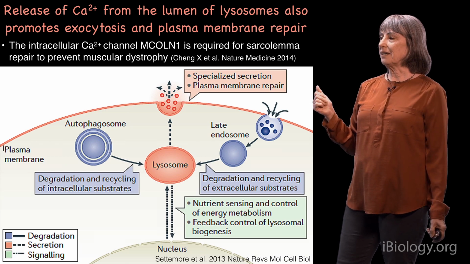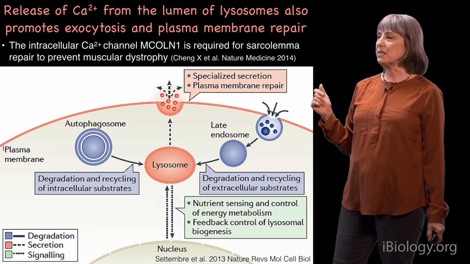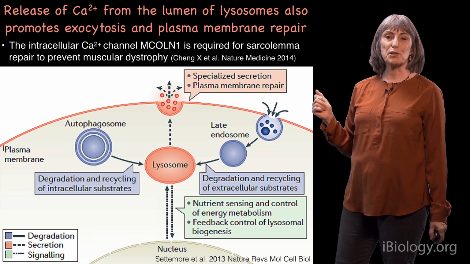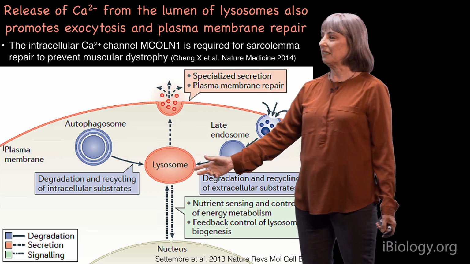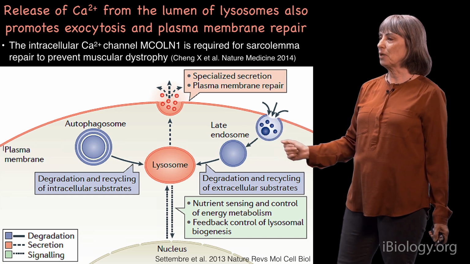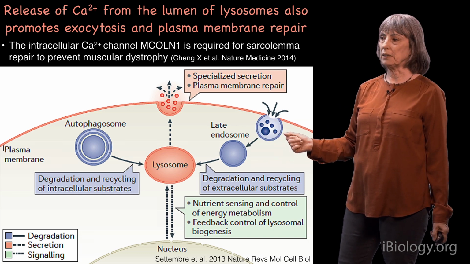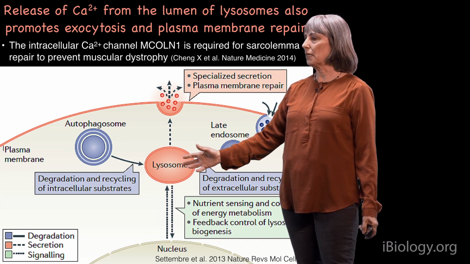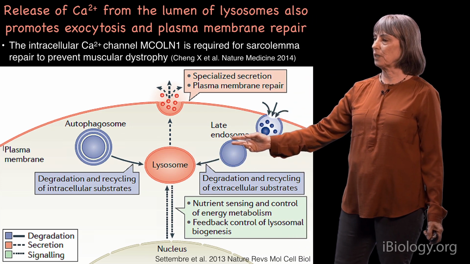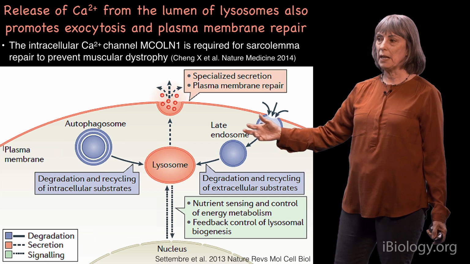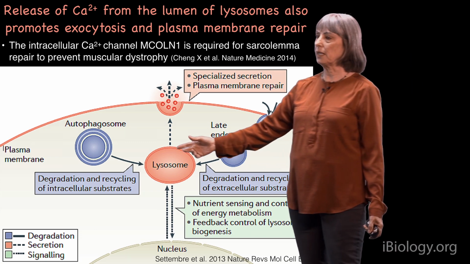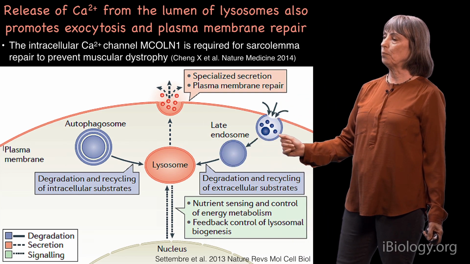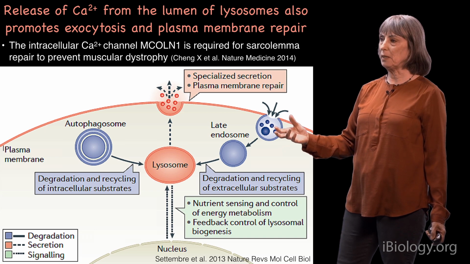So what has really come together recently, since there was in the beginning quite a bit of skepticism, which is quite normal, because lysosomes were supposed to be just these terminal compartments of the endocytic pathway. But as you can see here from this figure from a recent review by Andrea Ballabio, lysosomes have recently emerged as a really important hub, responsible not only for the degradation of material coming in by endocytosis, but also for degradation of material taken up by autophagy, and also for communication with the nucleus in very important functions of sensing nutrients and regulating metabolism.